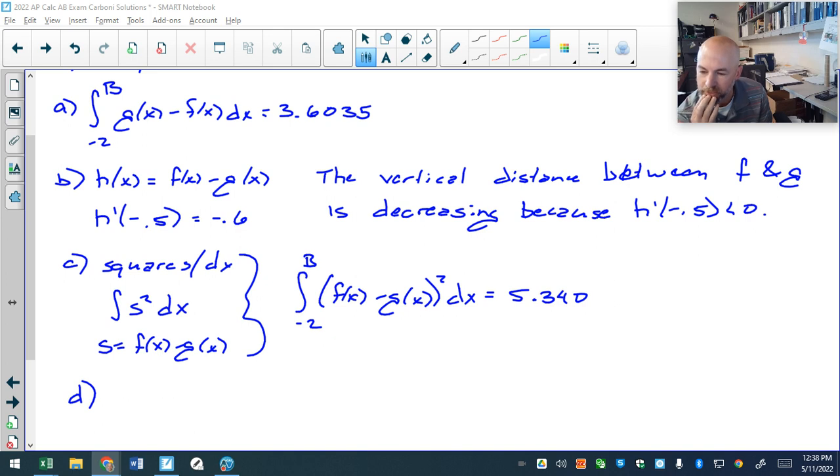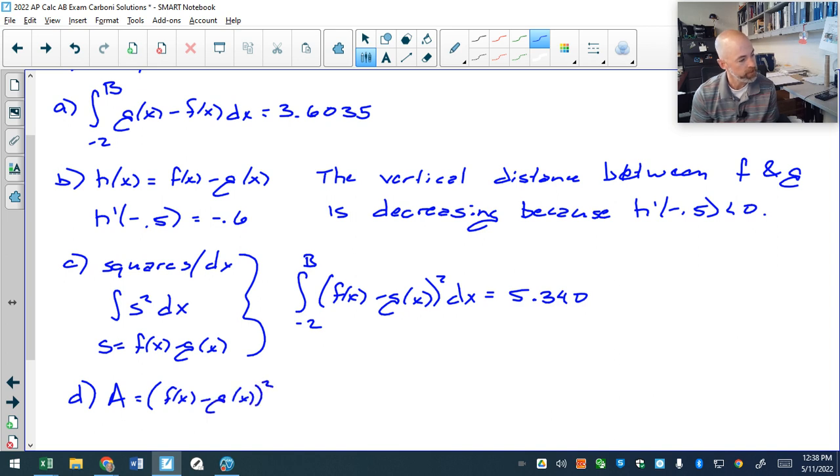So this is a unique question. They have finally thrown a curveball at me, something I haven't seen in a free response question before. We are dealing with squares, so the area of that cross section will be a square. The area is still going to be top minus bottom squared.